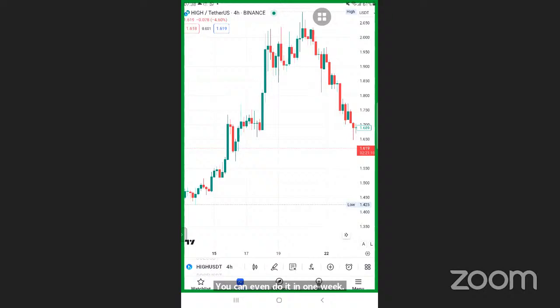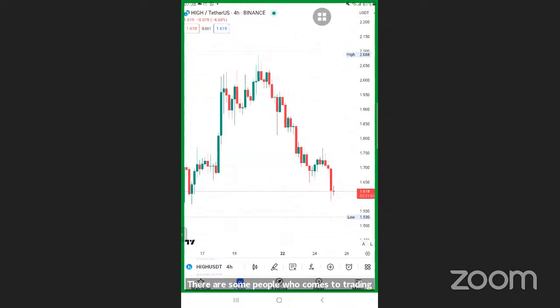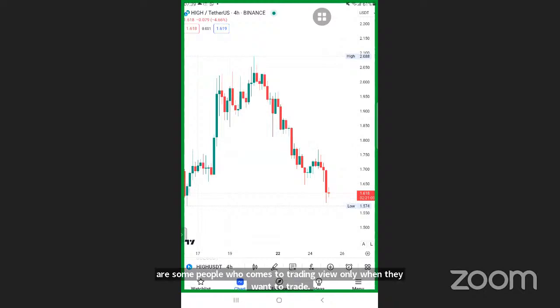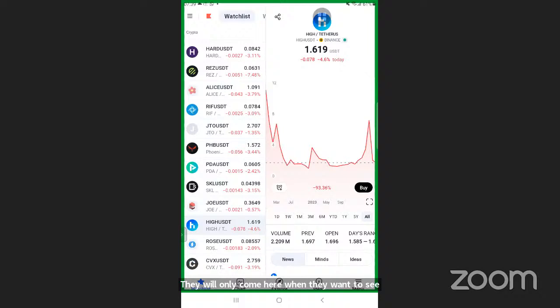There are some people who come to TradingView only when they want to pick a coin and trade. But they don't have time to come and analyze the market. They will only come here when they want to see how a coin is performing. After that, they leave.